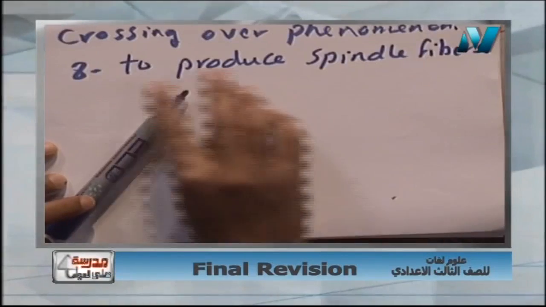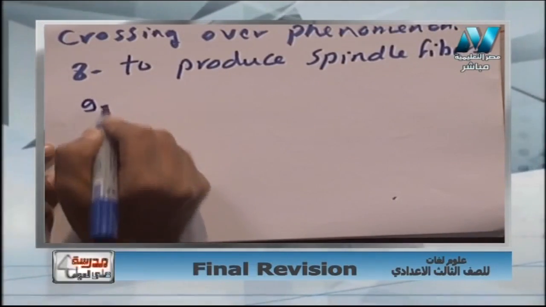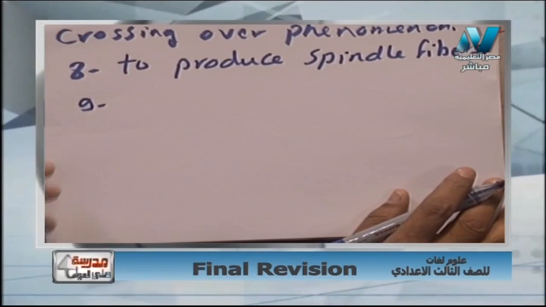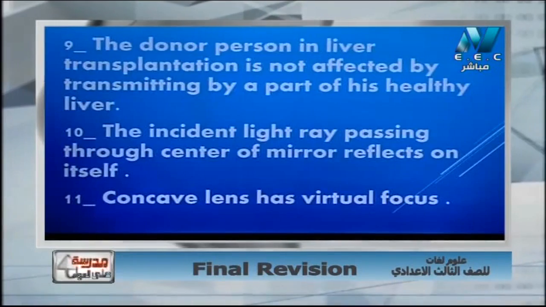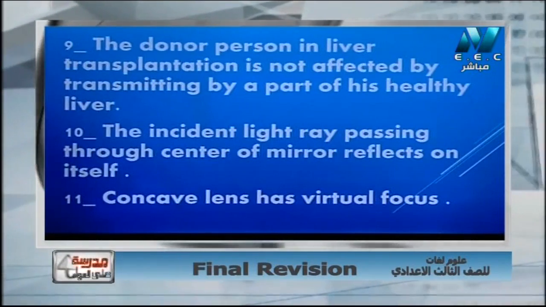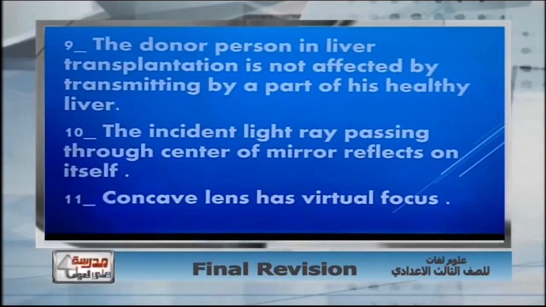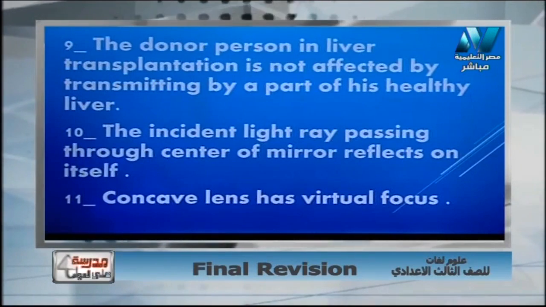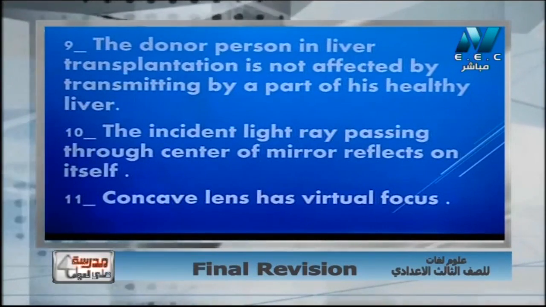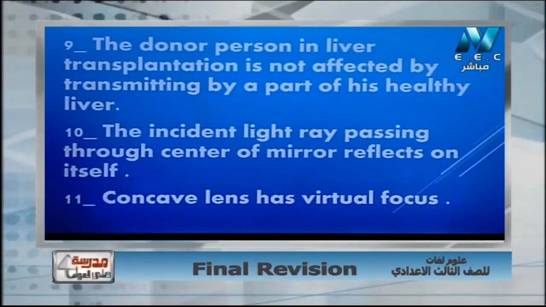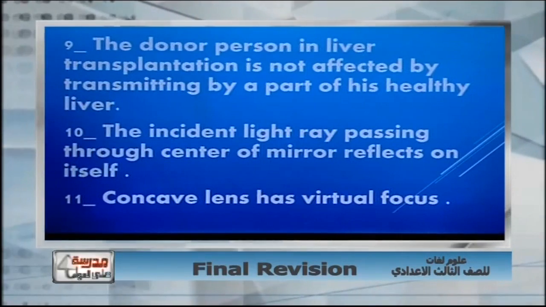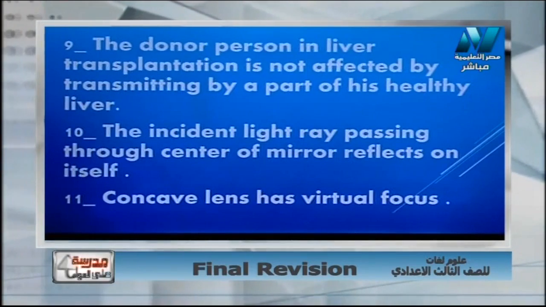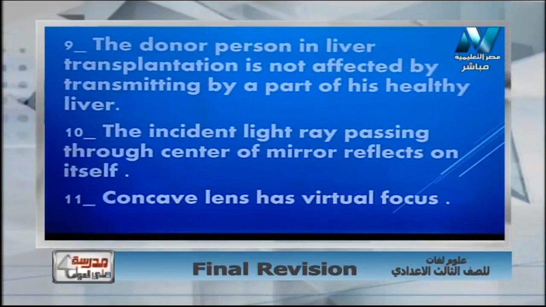Let's go number 9. The donor person. Donor person means الشخص المتبرع. Donor person in liver transplantation, الشخص اللي بيتبرع بجزء لزراعة الكبد, is not affected by transmitting a part of his healthy liver. ما بتأثرش.